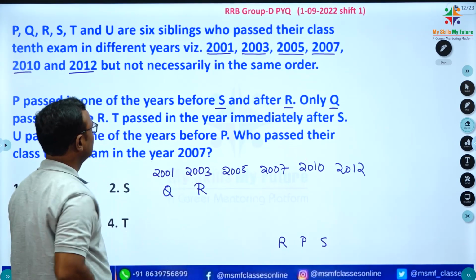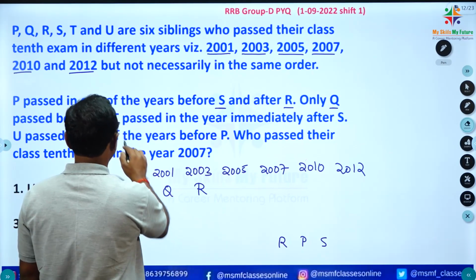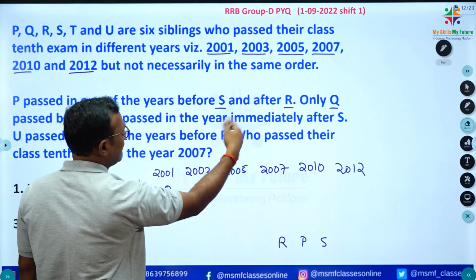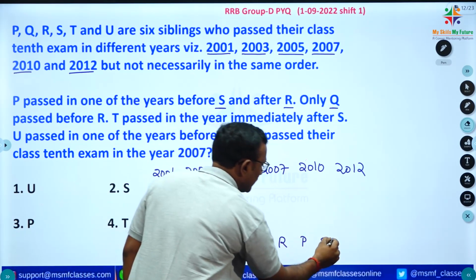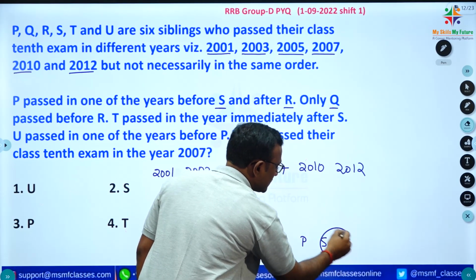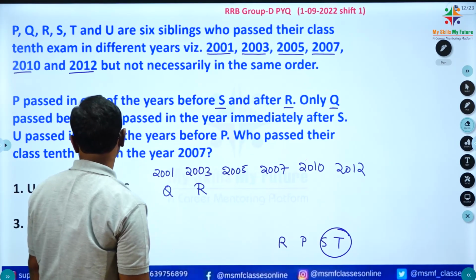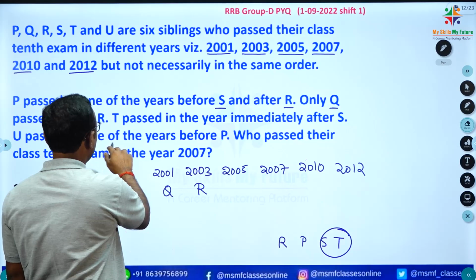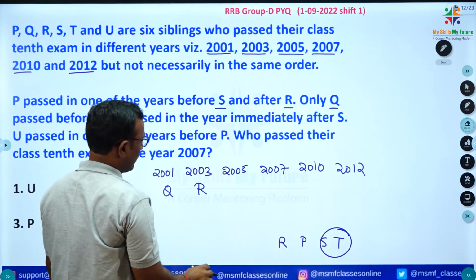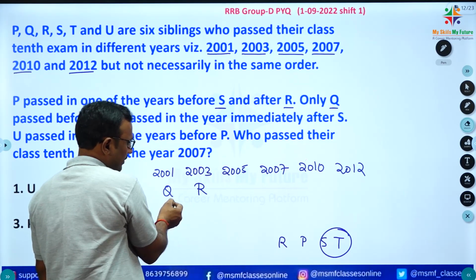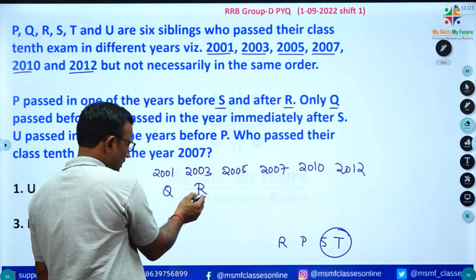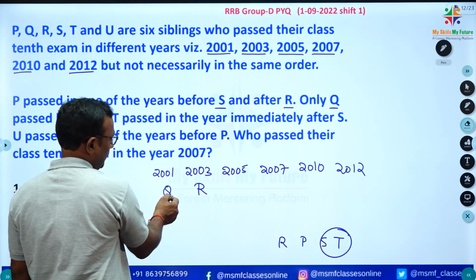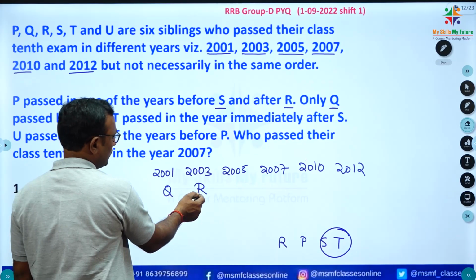T passed in the year immediately after S. So immediately after S, T is there. U passed in one of the years before P. So there may be no chance to allot here in the place of 2001 or 2003.